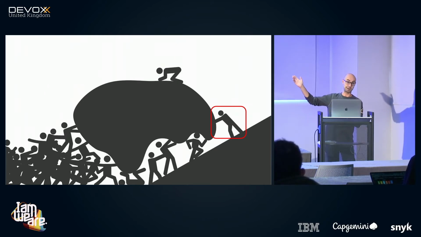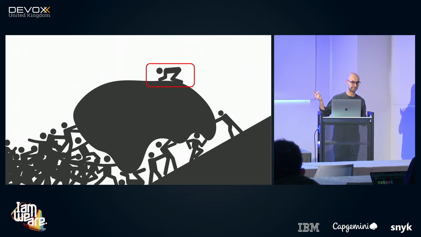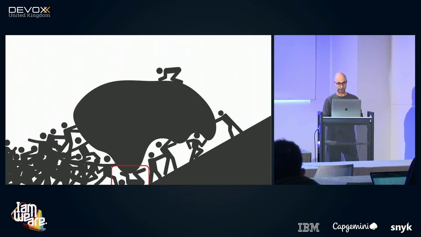Maybe it's the testers: no, we have not tested enough, don't go to production. And what is this guy? Maybe it's the architect, surfing on this ball. And then there is this guy, maybe the product owner, I don't know. But you see that releasing is quite complicated.